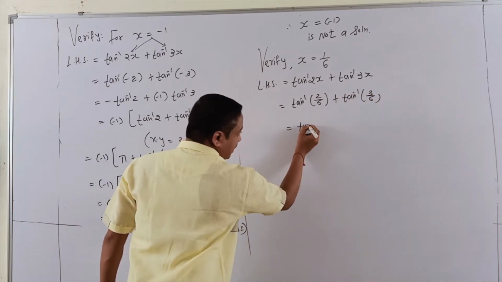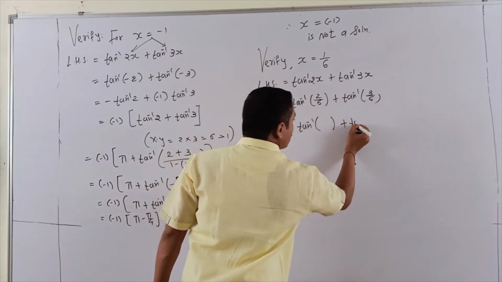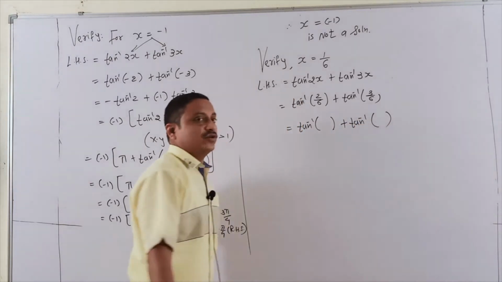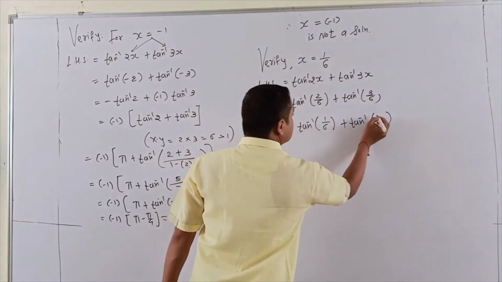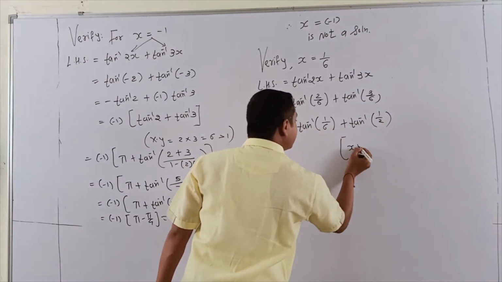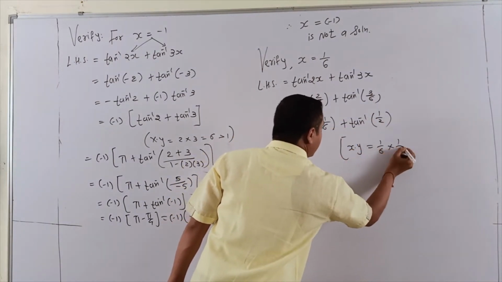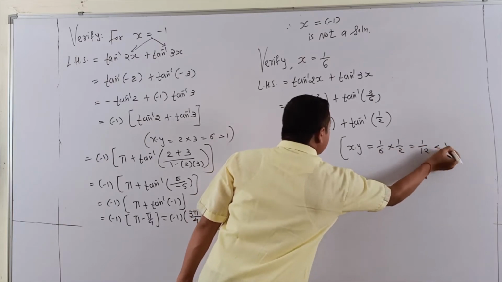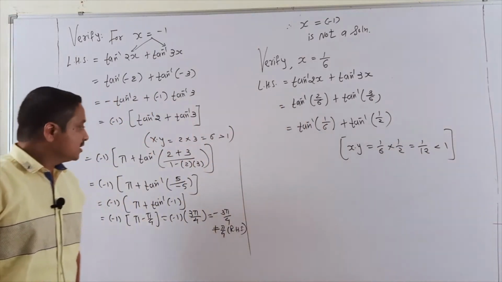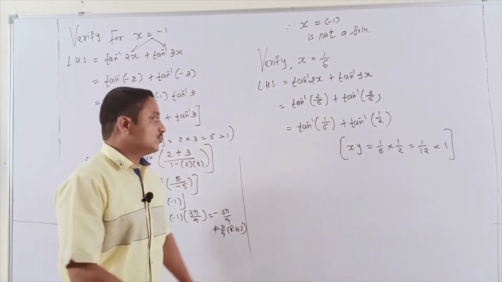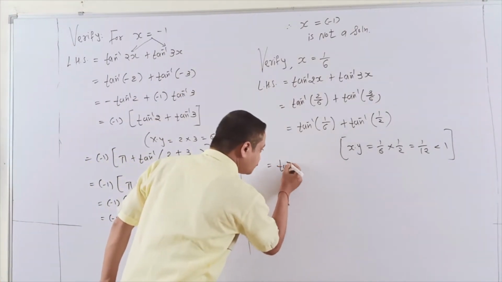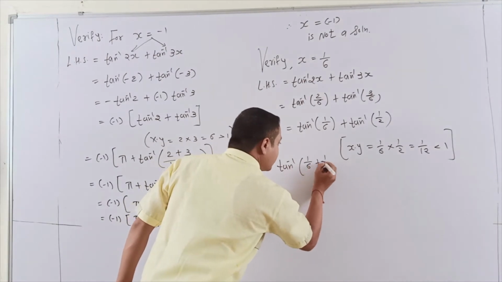Check the answer term by term. The first answer is 1 by 3, and the other is less than 1. Students, earlier it was more than 1, but here it is less than 1. So the final outlet is tan inverse of 1 by 3 plus 1 by 2 upon 1 minus 1 by 3 into 1 by 2.